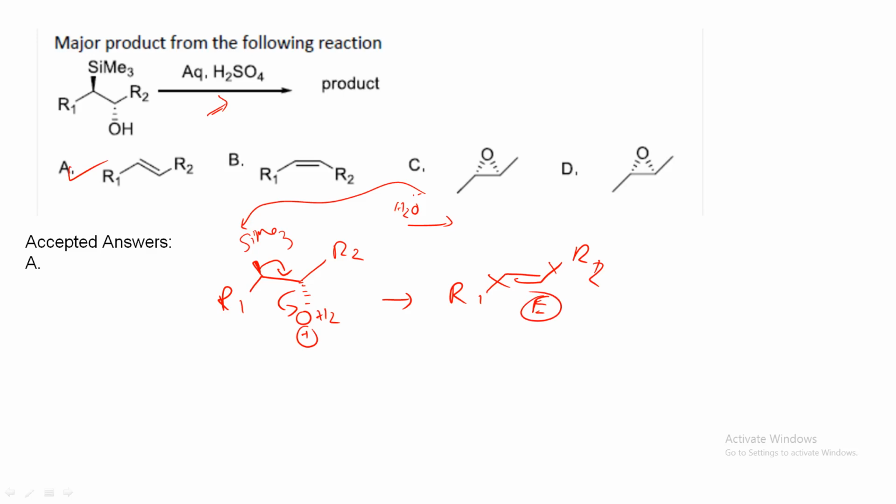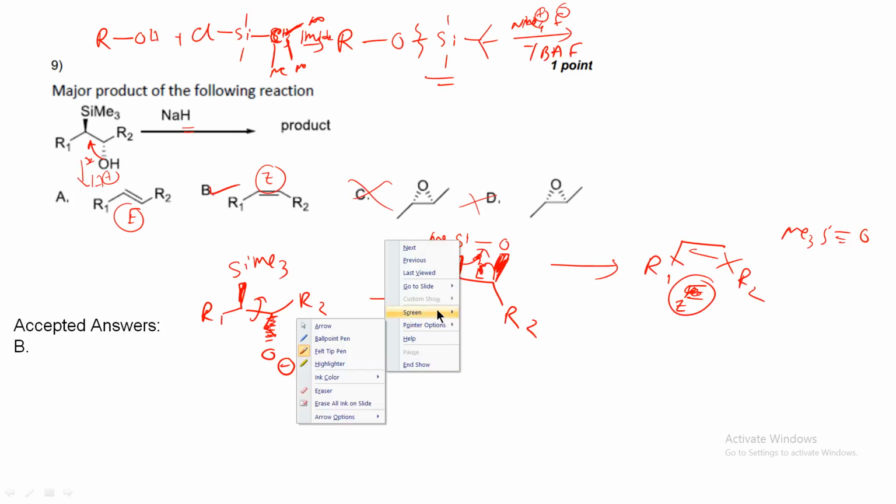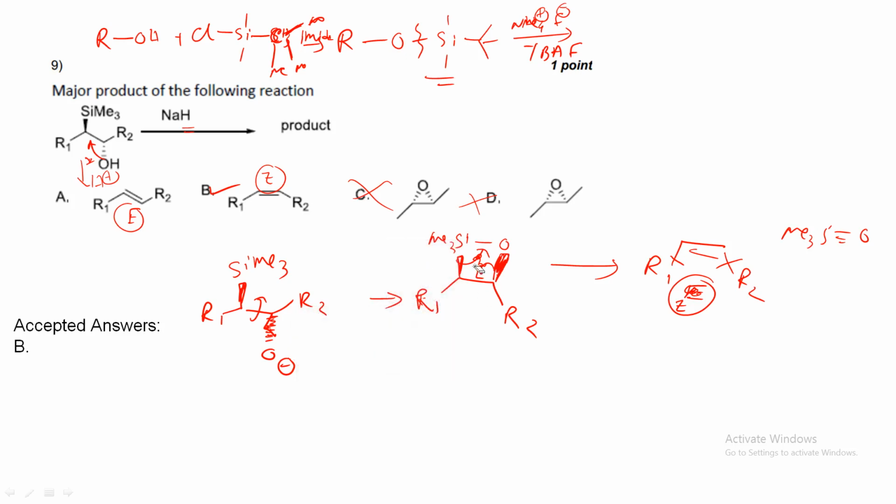The elimination can happen, and for the previous case it was like this. Here actually one thing I need to clarify. When this type of thing forms, there are two ways for the elimination.